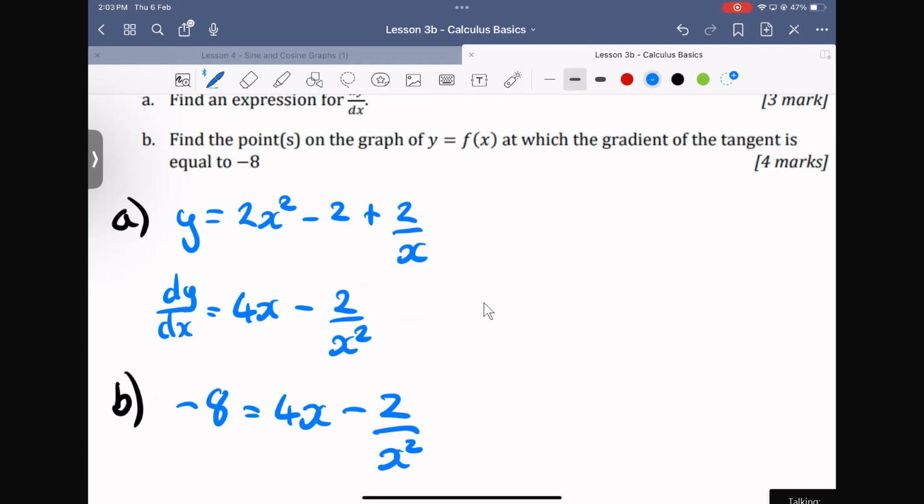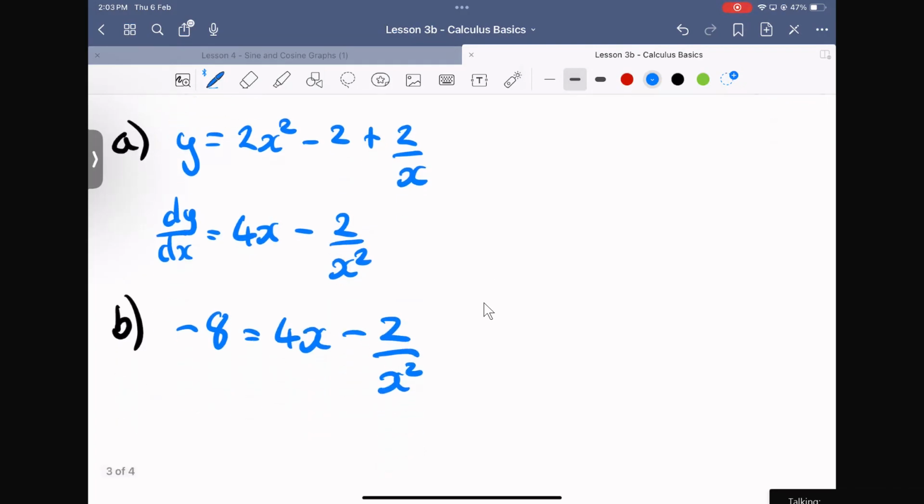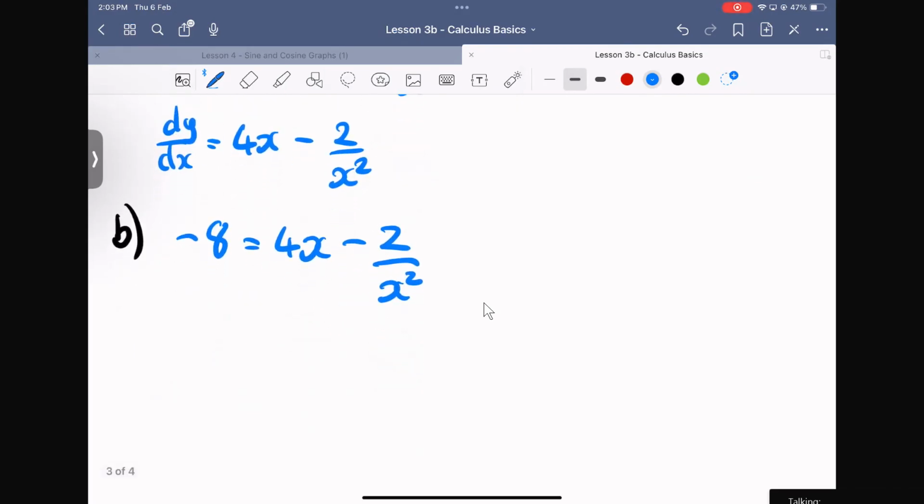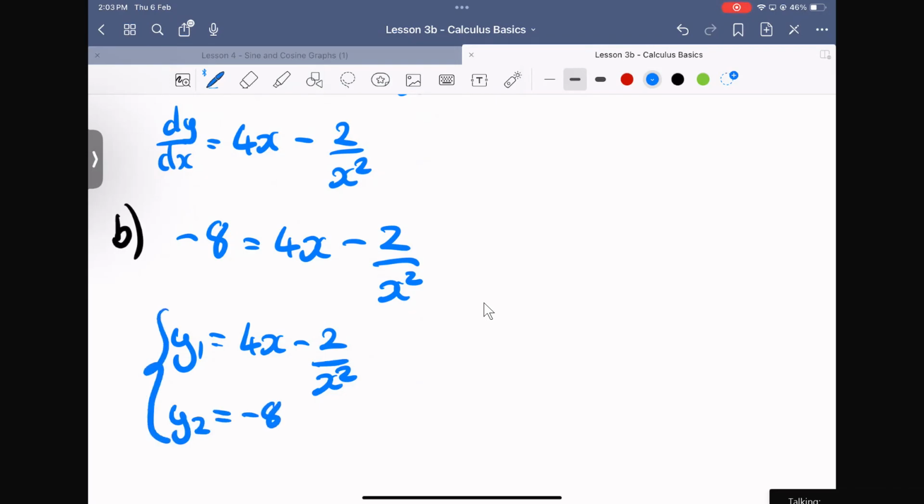Okay, I would recommend that we solve this graphically. I'm going to ask you to take your calculators now, and I'd like you to graph y1 is equal to 4x minus 2 over x squared, and y2 is equal to negative 8, and then find any points of intersection between these two. So have a go with your calculator now using this technique.